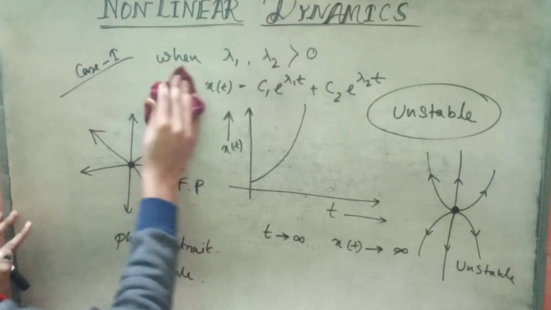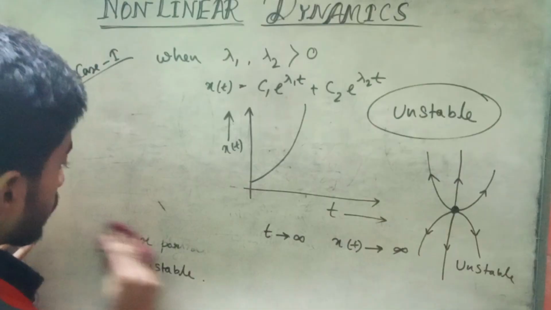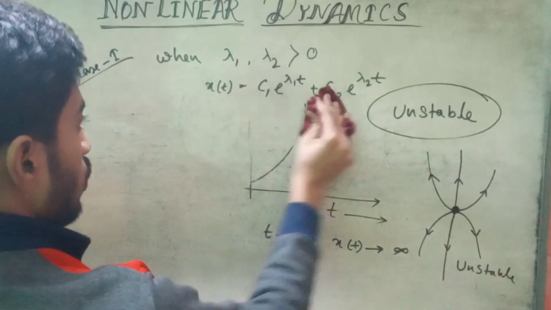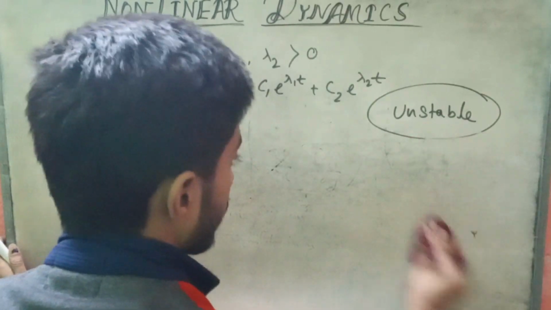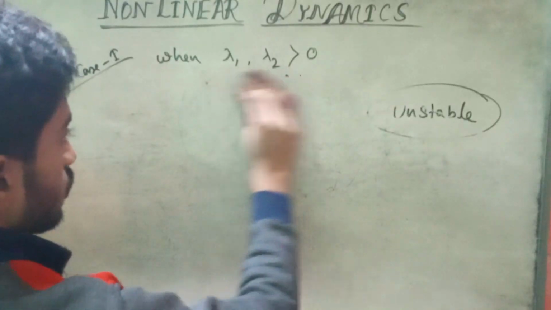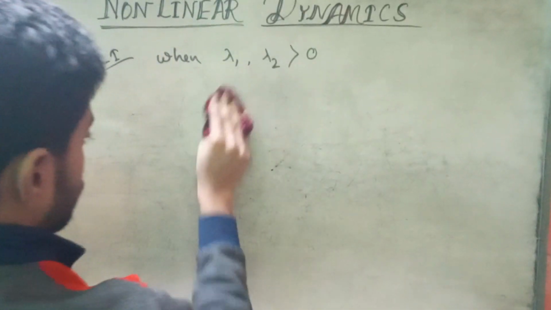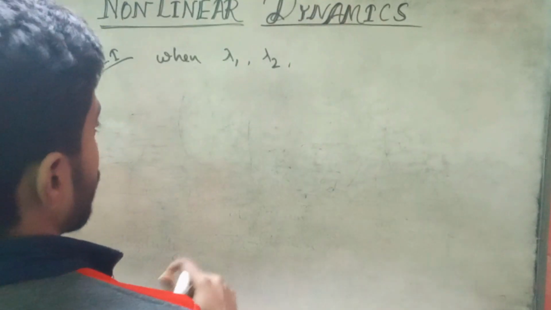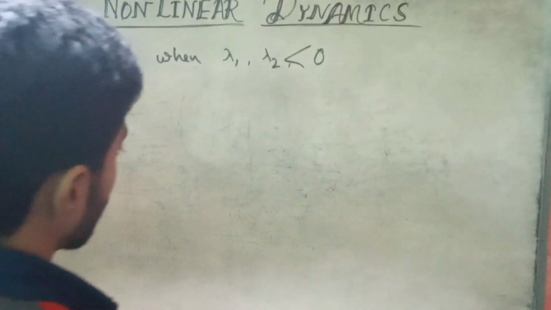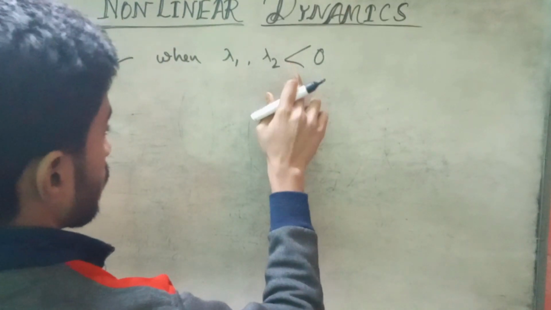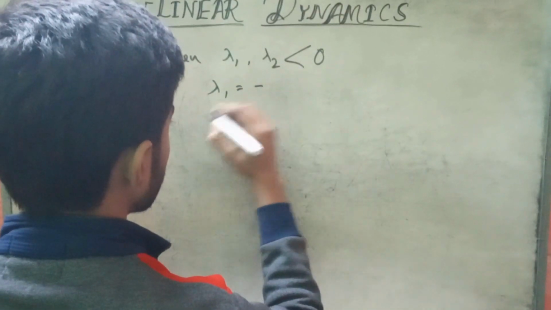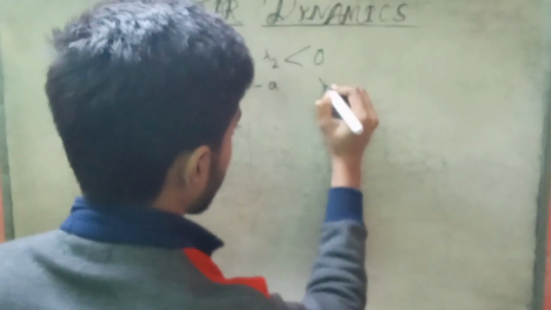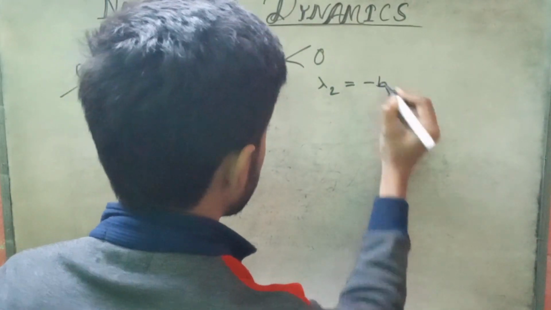So now consider the second case where both eigenvalues are less than 0. Both eigenvalues are negative, right? So lambda 1, which equals, let's say, minus a, and lambda 2, which equals, let's say, minus b.